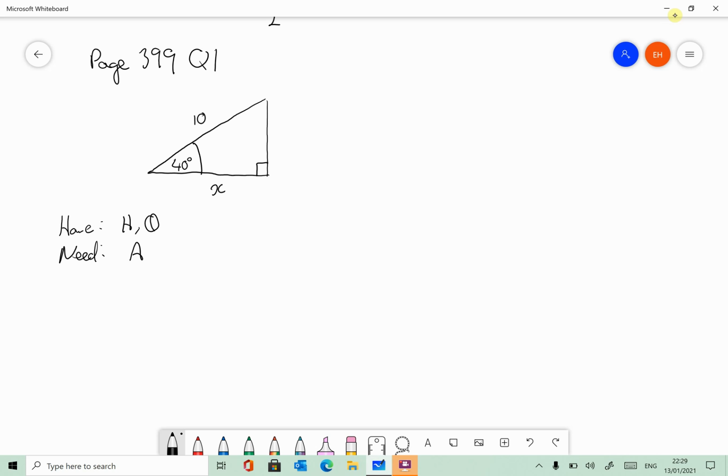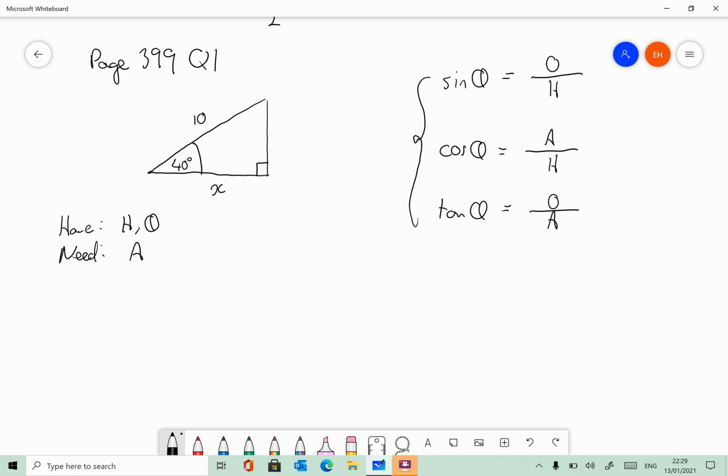So we go back to our sine theta, cos theta, tan theta equals a fraction: opposite over hypotenuse, adjacent over hypotenuse, and opposite over adjacent. So we now have to make a decision: which one of these three am I going to select?